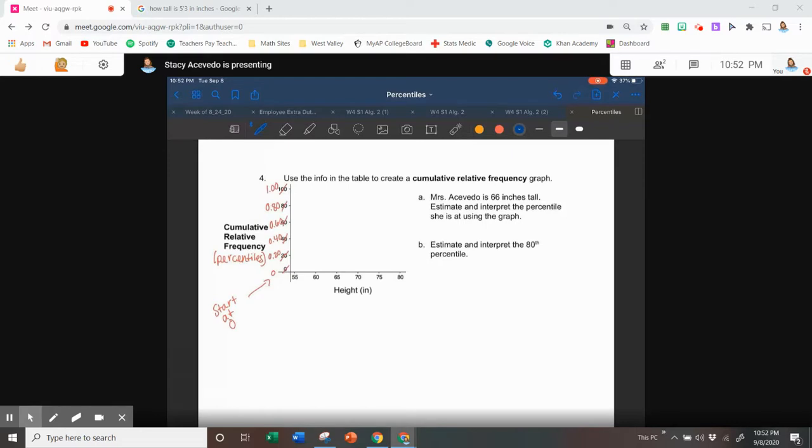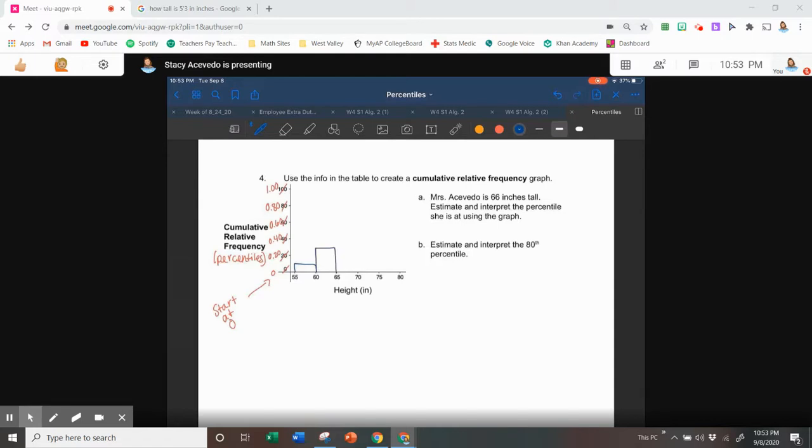For the bin 55 to 60, there's 5% within that. So 5% is about here. This makes more sense. For 61 to 65, there's 25%. 25% is about there.